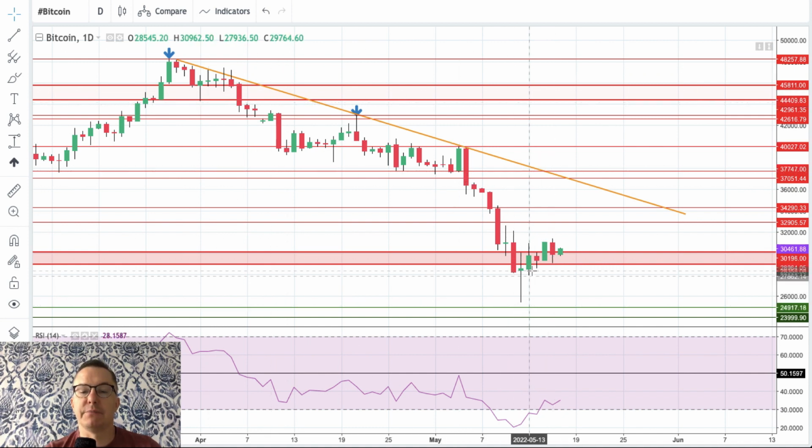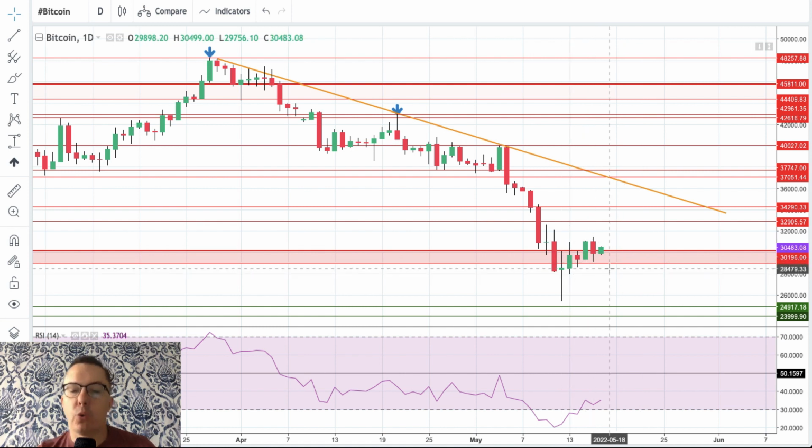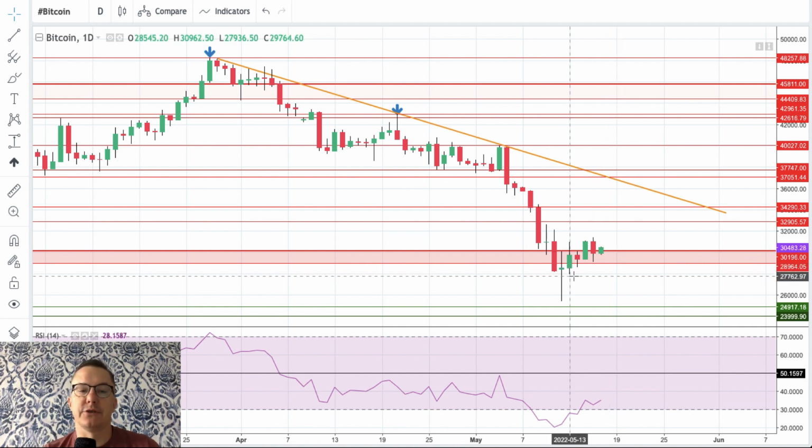Most of them are either pin bars or red bars, so this is a clear example of the bearish pressure on the daily time frame chart of Bitcoin. So let's just wait a little bit longer to see how this level will be played out and what the supply and the demand side of the market will do with the current situation.